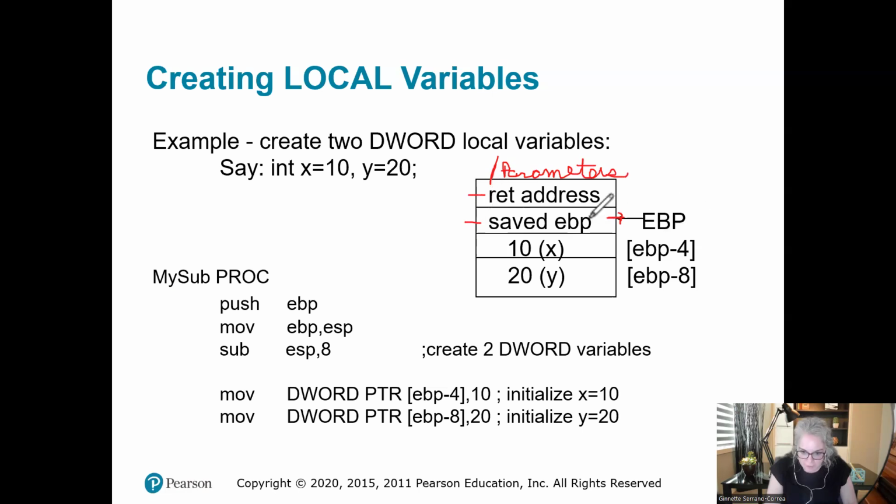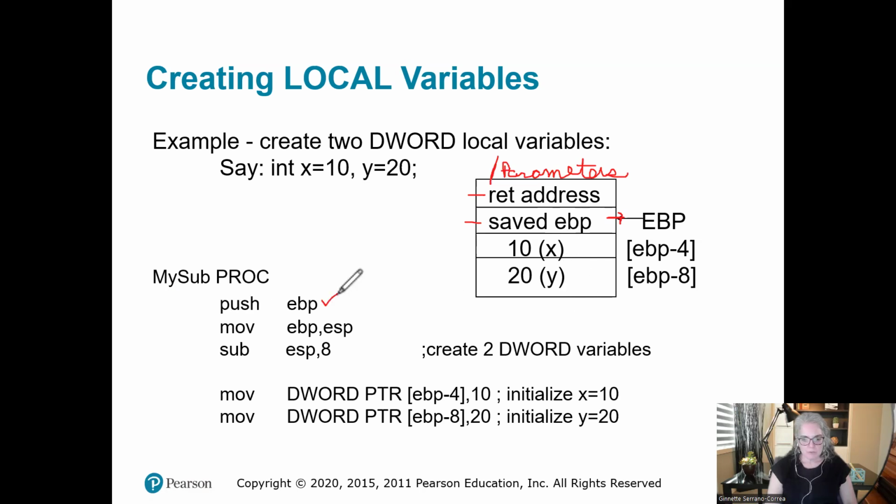Any local variables to your function are going to be under EBP. So if you have local variables, you push them onto the stack by subtracting from EBP. To get the parameters, you add to EBP to go up and get those. So you make room below EBP to put your local variables.